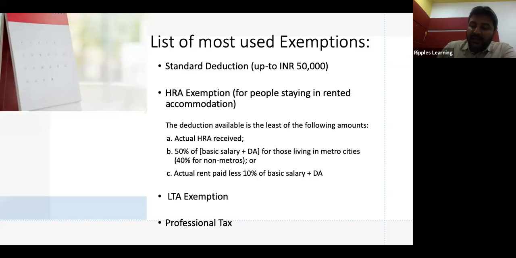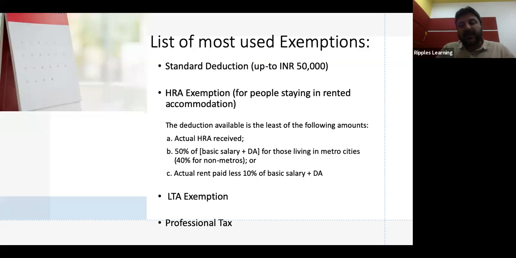Then your basic is 40,000 per month and 4,80,000 per annum. Is it clear? So if you're earning 1 lakh per month, which is 12 lakh per annum salary, your basic is 40% of your per month salary, which is 40,000 rupees. Your HRA is 16,000, which is 40% of 40,000.